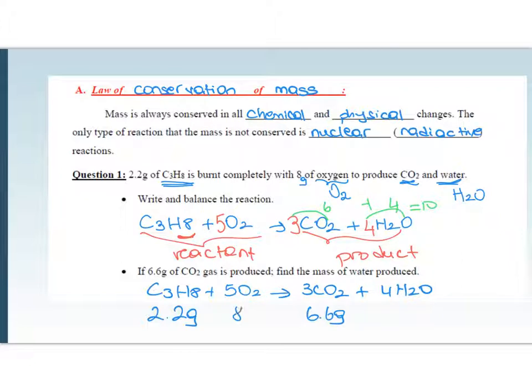So I put 8 here. So what is missing? The mass of water is missing. So what can you do? You can use the law of conservation of mass. This means that the sum of the masses of the reactants should be equal to the sum of the masses of the products. So by a simple calculation, you're going to find that question mark as 3.6 grams of water.